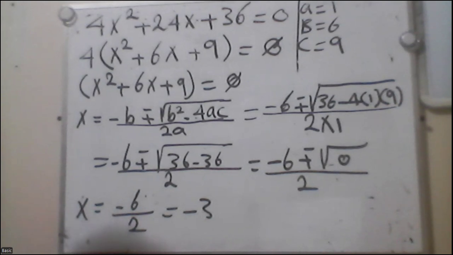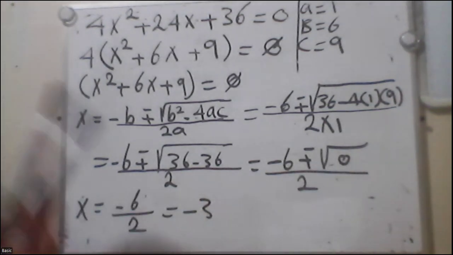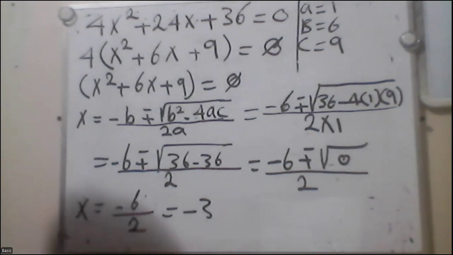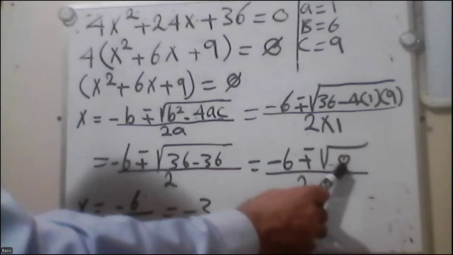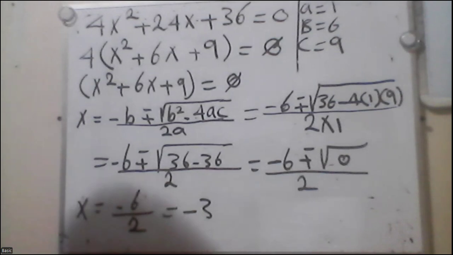In this case, this amount is 0, so there is only one solution, which means x has only one value. But suppose there was a number here. Then we would have positive and negative: once we add it and once we subtract it, so we have two values.